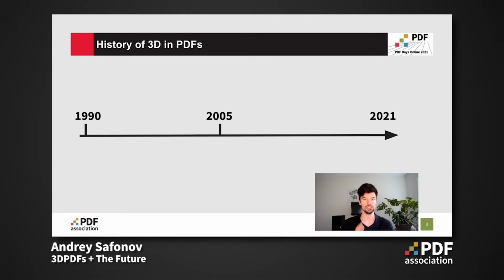Right around 2005, some of the leaders in the space like Intel, Boeing, and Adobe came together to say, let's standardize the 3D format inside of PDF documents. And this was the Universal 3D U3D format with ECMA-363 script.